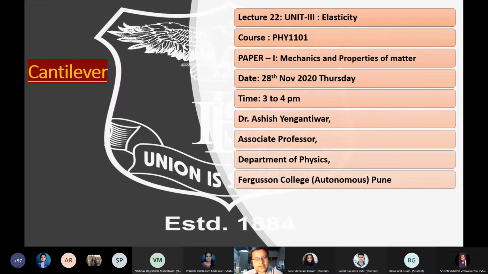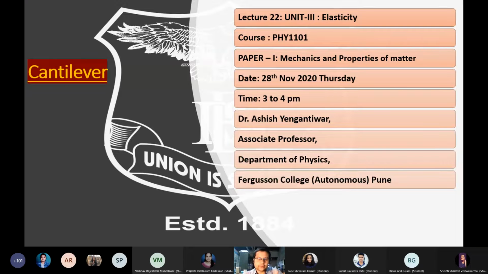So basically, you can define a cantilever like this: you have a beam, and you fix one end of the beam, and at the other end you keep a certain weight. When you put a weight, there will be bending of that particular beam, because one end is held constant with a rigid support, while the other end is pulled with a certain weight.